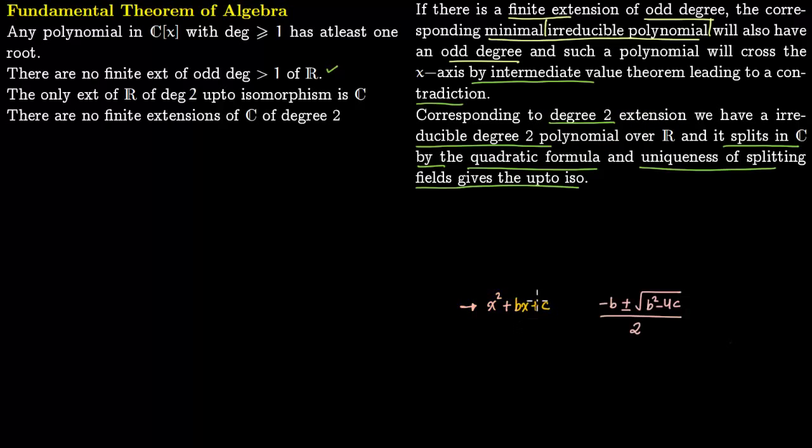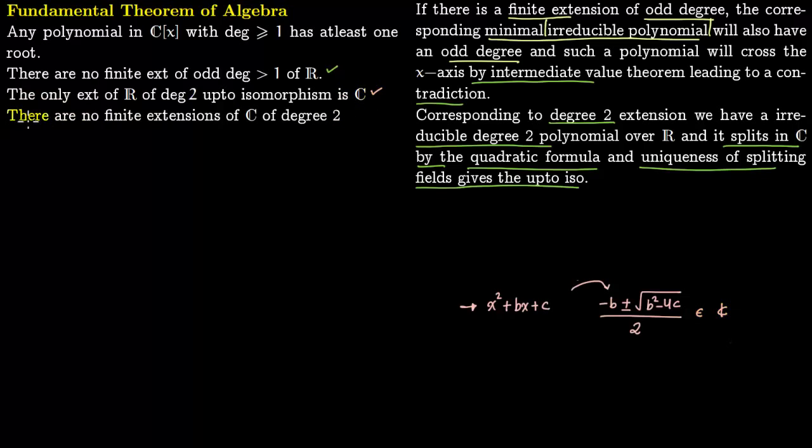This is our degree 2 polynomial, and our quadratic formula right here gives roots like this. You will know that these roots lie in complex numbers. And then uniqueness of splitting fields leads to uniqueness up to isomorphism. So this is also done.